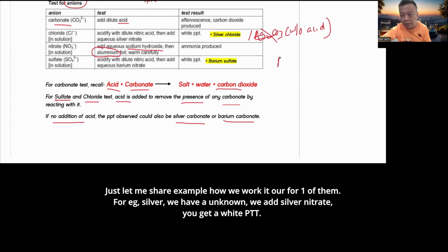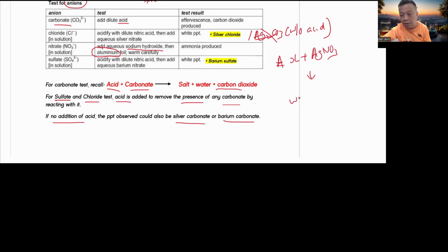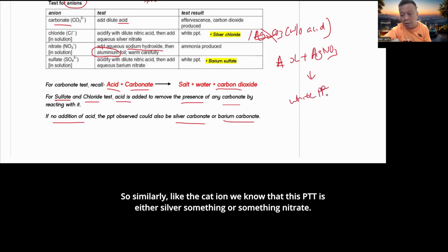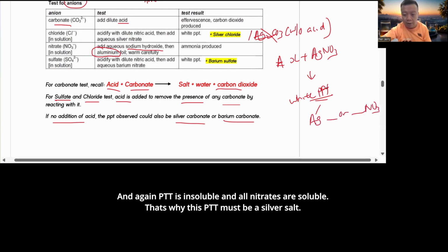For example, for silver, you have an unknown, you add silver nitrate, and you get a precipitate. Similarly to what we do in the cation, we know that this precipitate is either silver something or something nitrate. The precipitate is insoluble, and all nitrates are soluble.